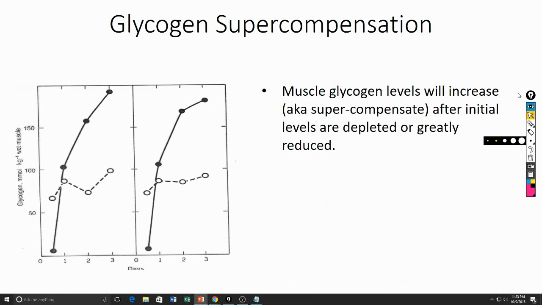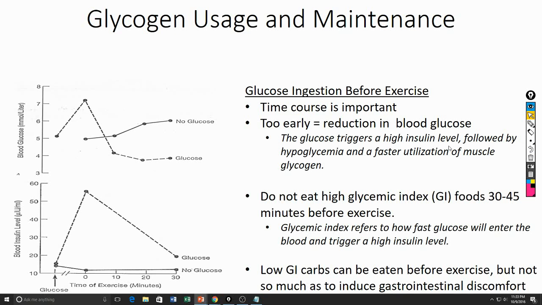Now, you've got to be careful with taking in sugar prior to working out, because it can have a couple of significantly negative effects. One of those is that you might have an insulin spike. Insulin is a hormone that essentially causes your muscles to store things, mostly glucose.